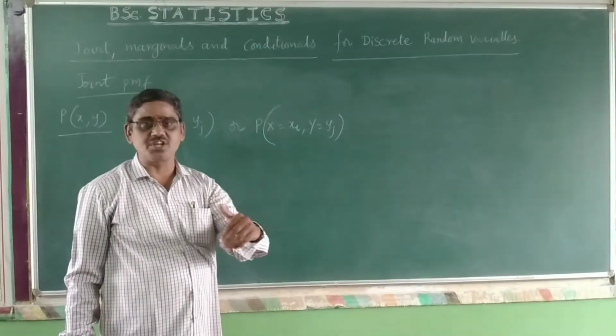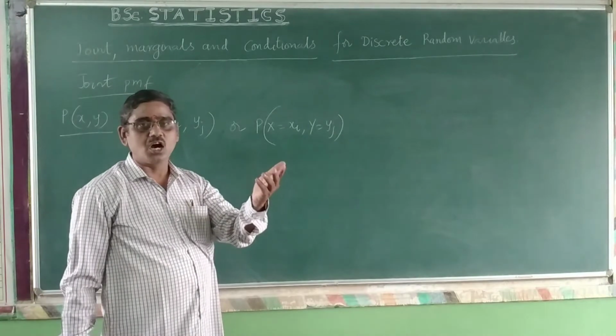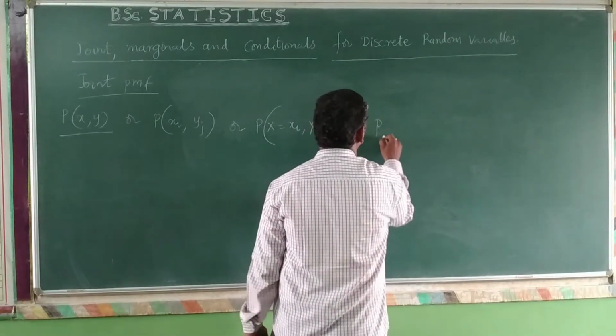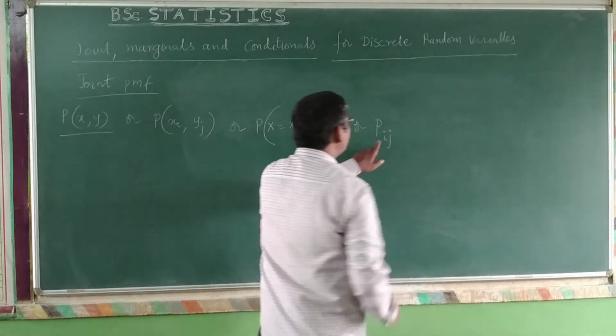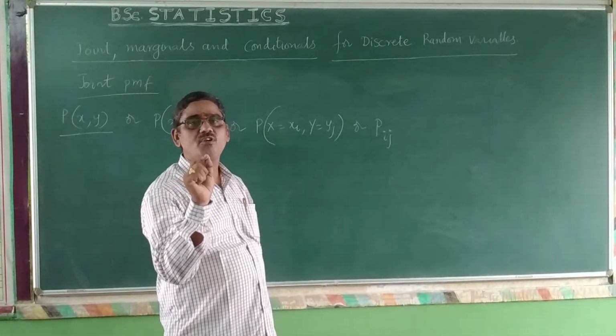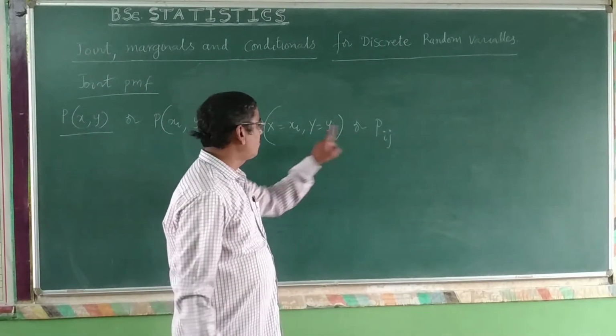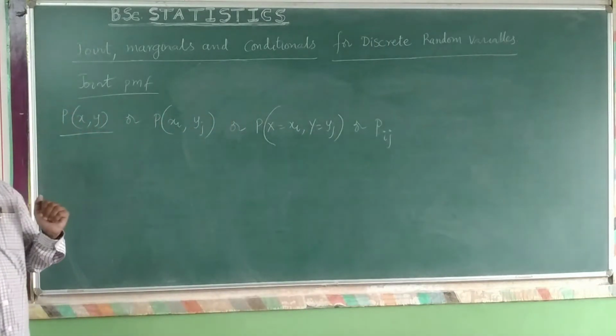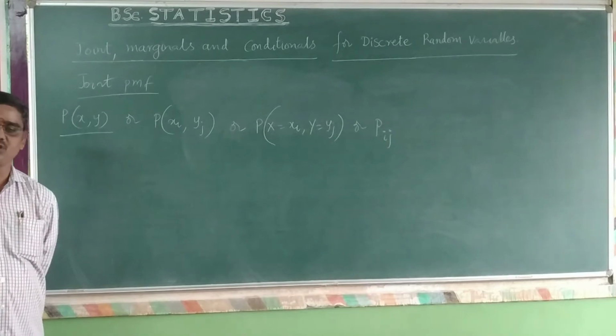X takes the value xi and y takes the value yj. If both hold, that is called the joint probability mass function, or simply it can be denoted by pij. I indicates the value of x and j indicates the value of y. These are the notations for joint probability mass function.